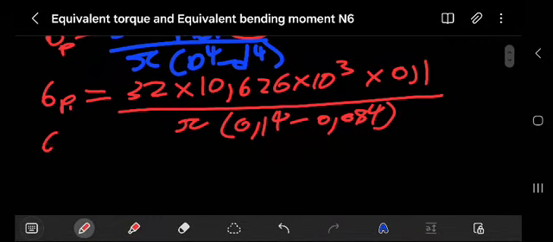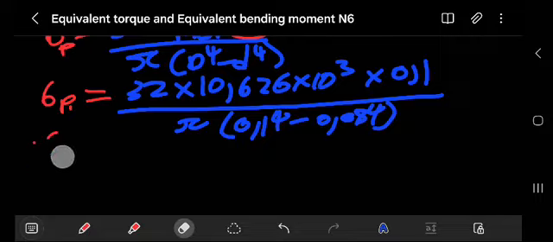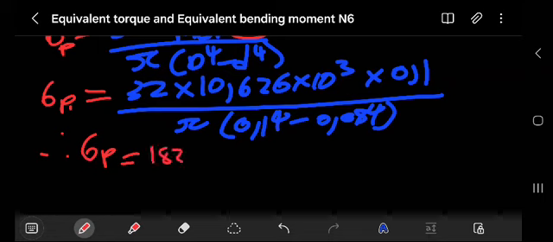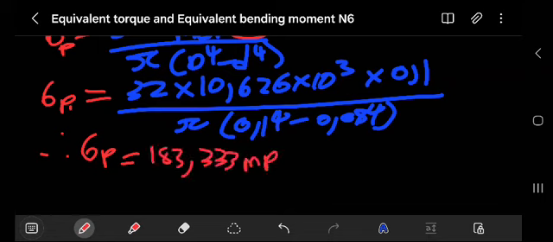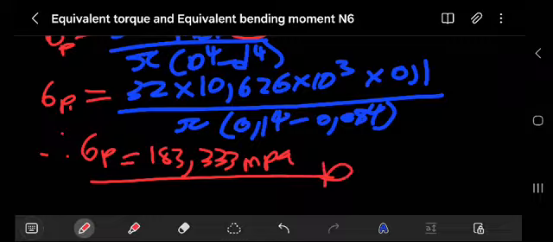That was the inner diameter. Then when we punch this, we are supposed to get principal stress to be 183,333 megapascal. So this is what you will have there.